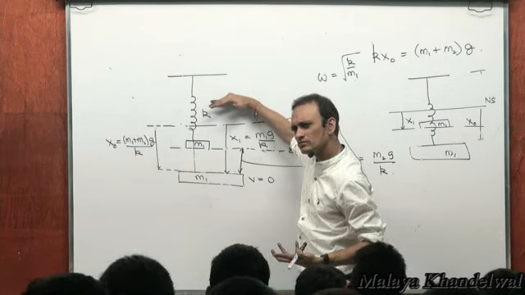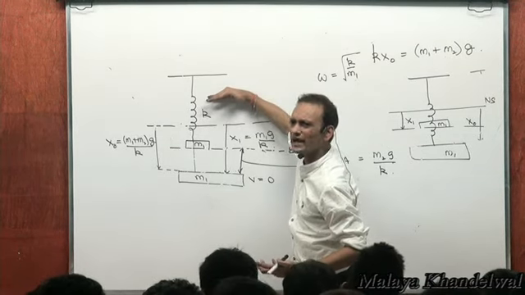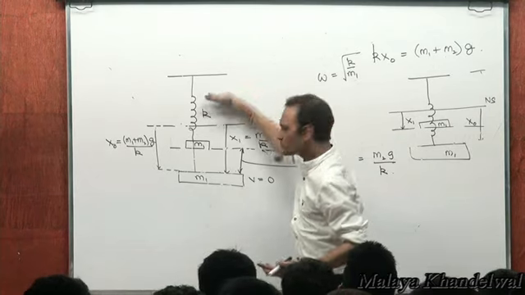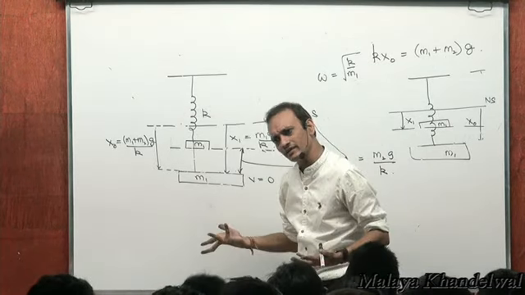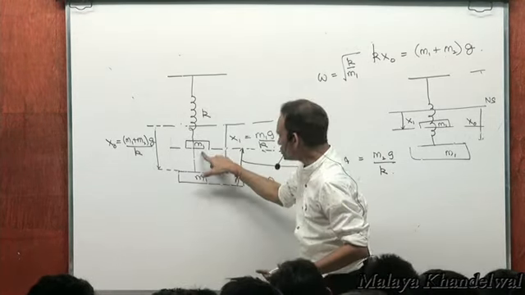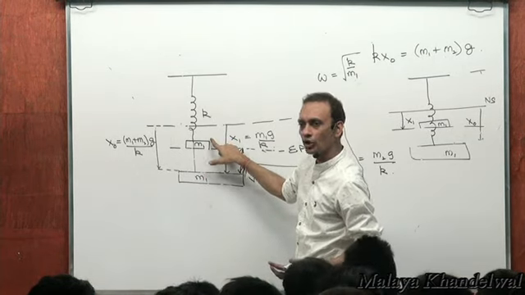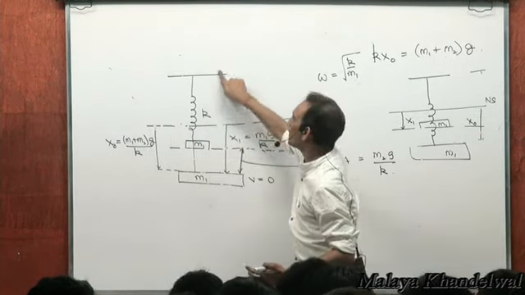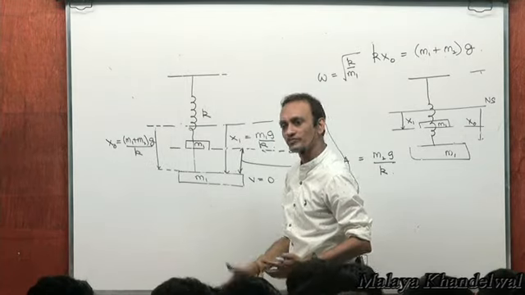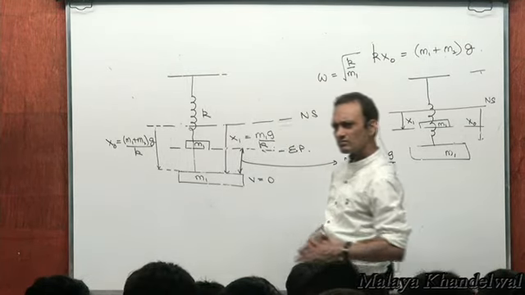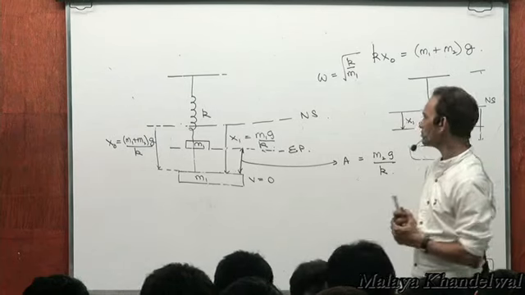That's all. It will still move up by an amount a, which is m2 g by k. Spring force has always been there. Below this position, it has been elongation, an upward force. Above this position, it has been a downward force. But that's not going to change things at all, right?